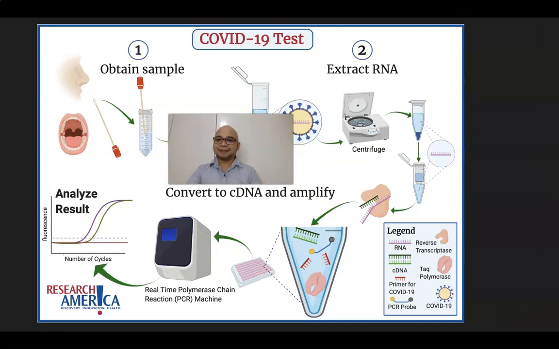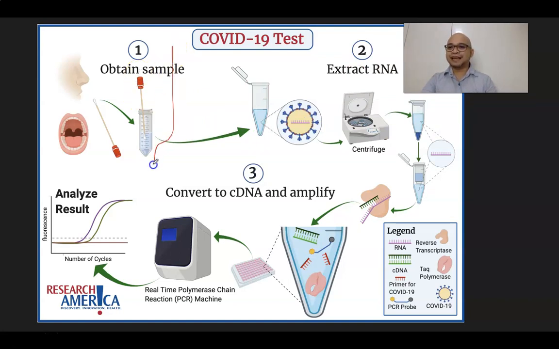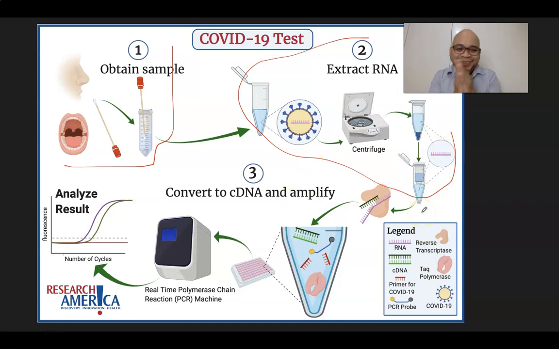Okay, so in summary, as you can see, once you have obtained the sample, you extract the RNA. Then you do reverse transcription in order for the RNA to be converted to DNA, cDNA, and then you add the primer, the PCR probe such as the fluorescent probe, and then the Taq polymerase and the nucleotides in this vial, and then you place it in the machine.